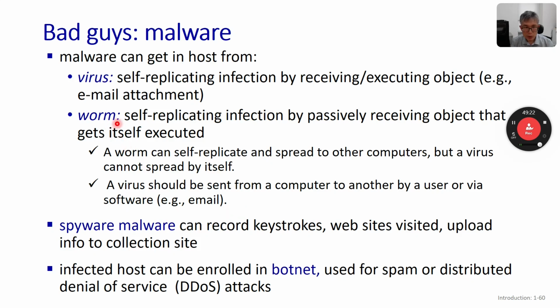On the other hand, a worm is also self-replicating and is similar, infecting by passively received objects that get themselves executed. So a worm can self-replicate and spread to other computers, but a virus cannot spread by itself. A worm is a kind of malware used for denial of service attacks.